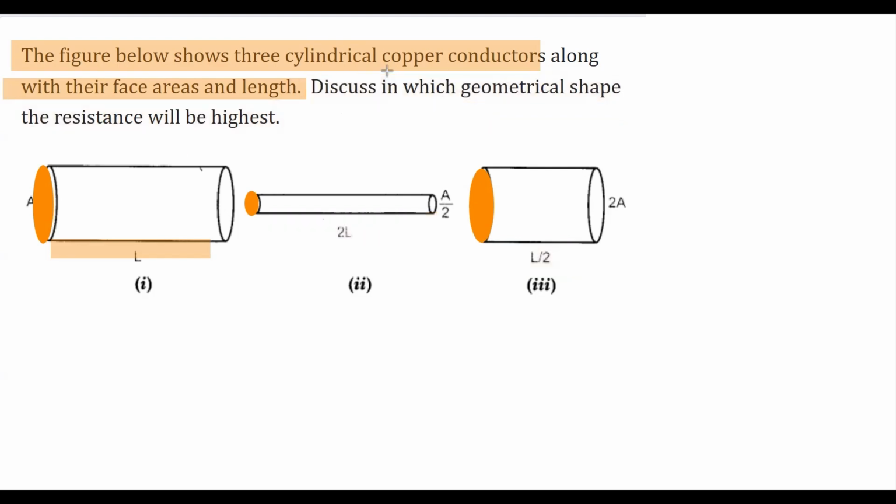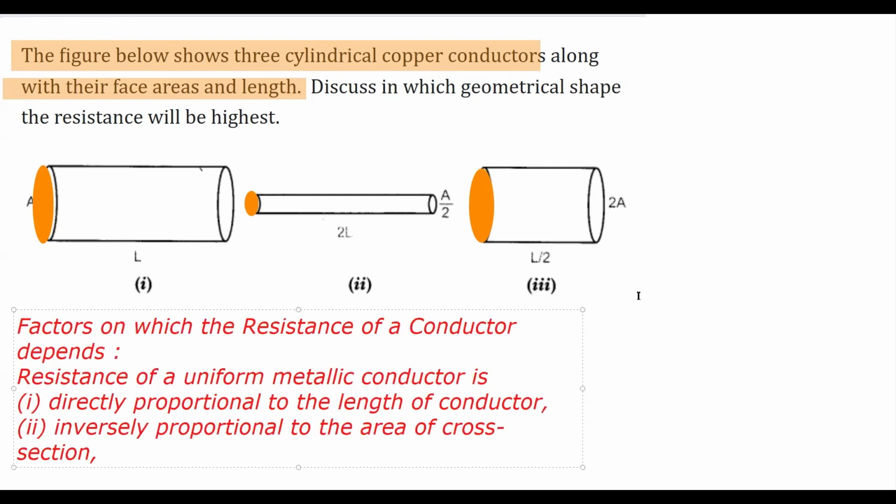Before we come to the highest and the lowest resistance, you need to remember the factors affecting the resistance. The factors which affect the resistance are, as of now, 2. One is that the resistance is directly proportional to the length of the conductor, right?